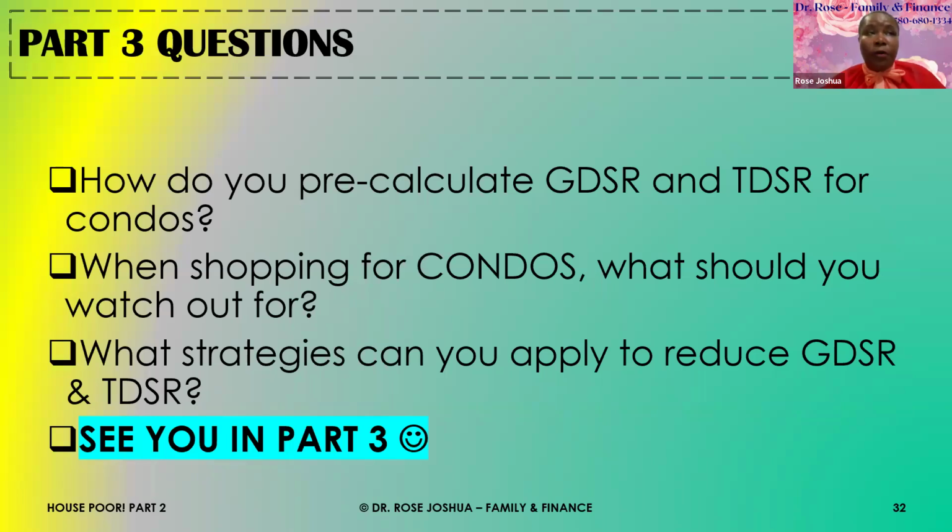When you're shopping for condos, what should you be looking for? What can you do to help yourself drop those numbers before you make the offer on a condo? And then we'll wrap up this section with strategies you can apply to reduce your GDSR and your TDSR. So see you in part 3.